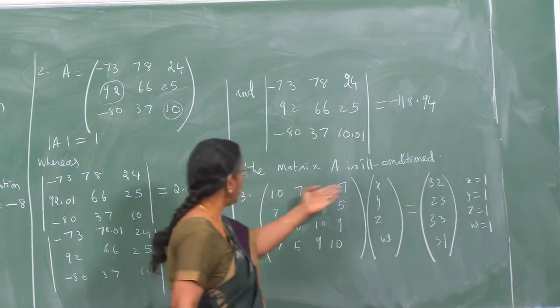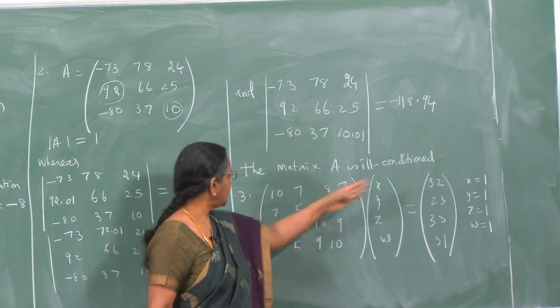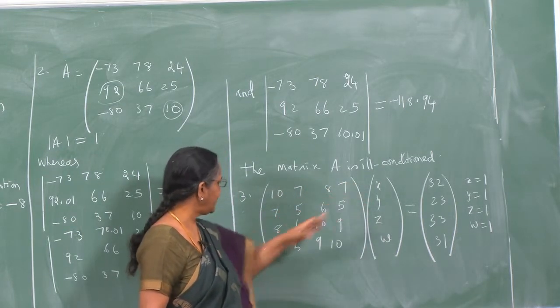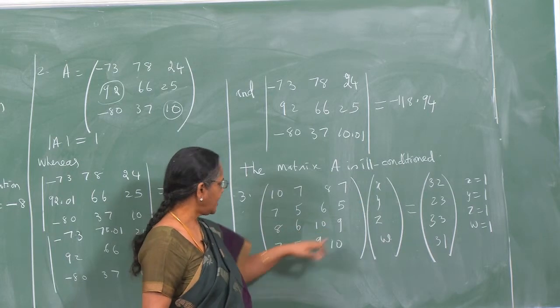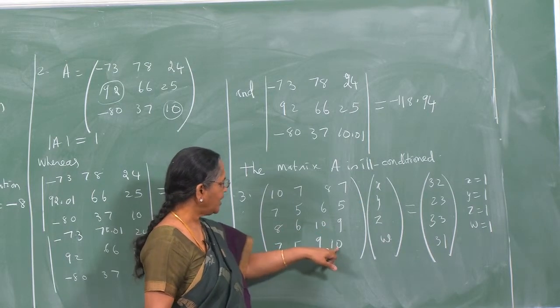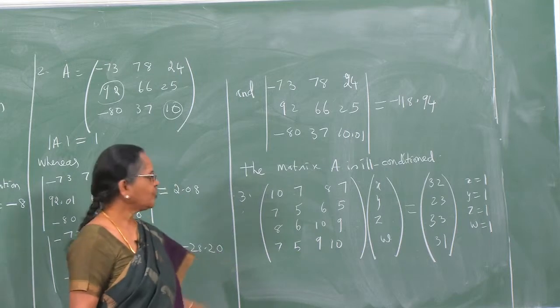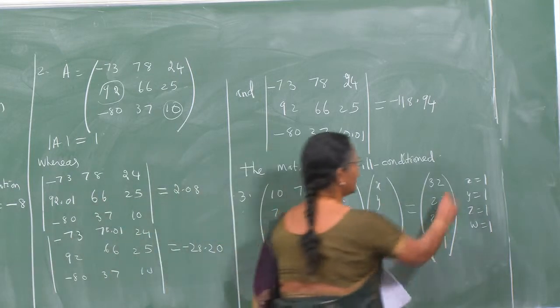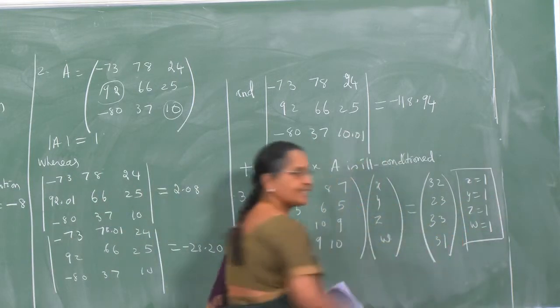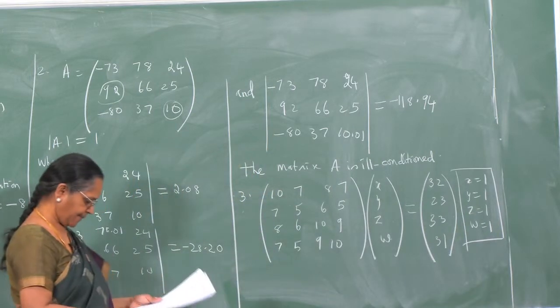So, you can simply verify 17, 25, 32, 12, 18, 23, 14, 23, 33, 12, 21 plus 10, 31. So, these are the solutions of this system of equations.